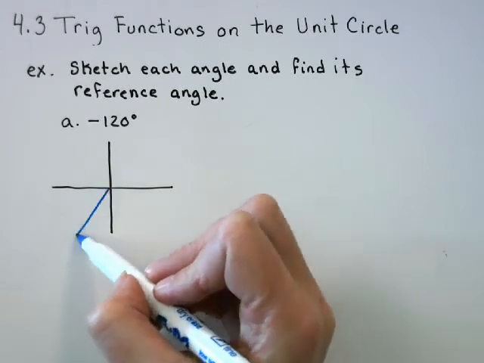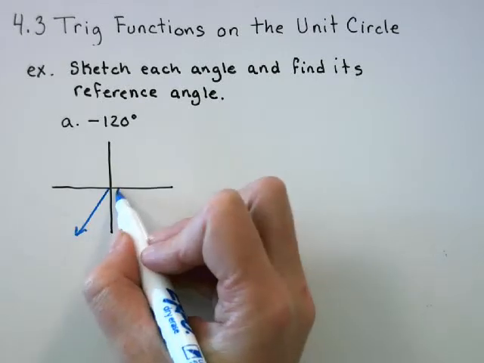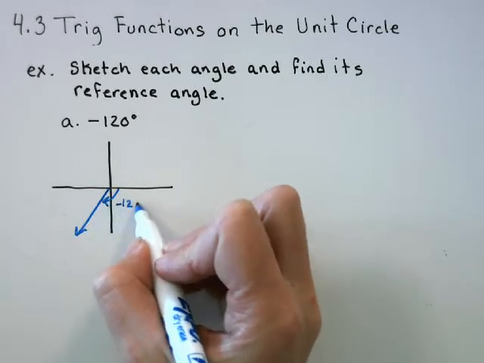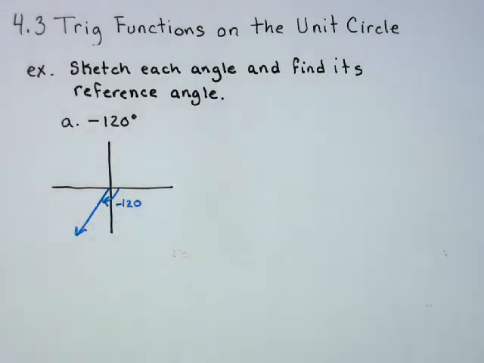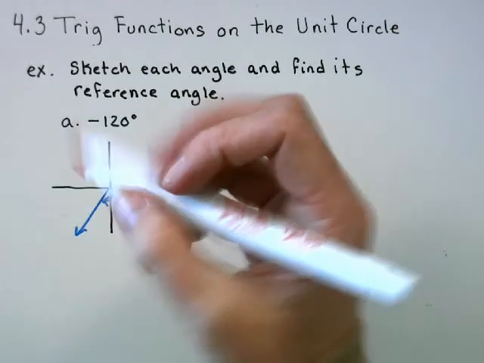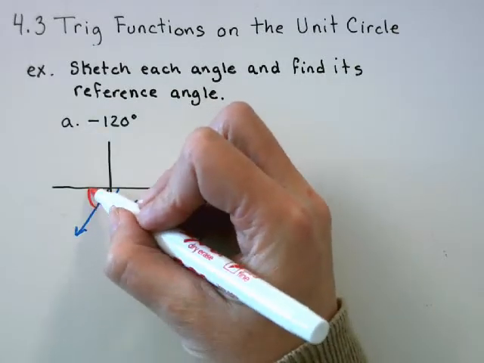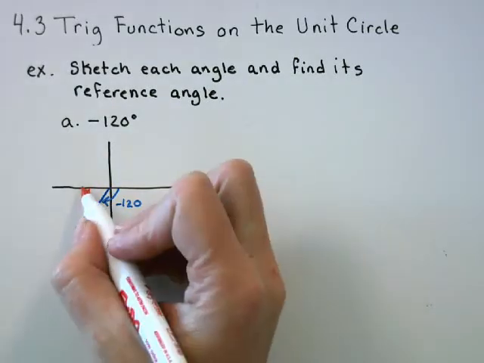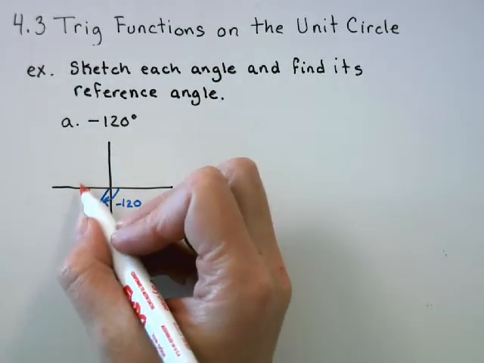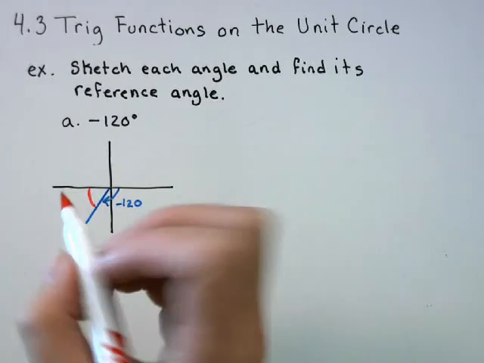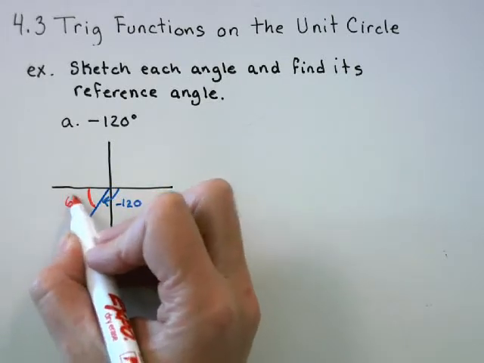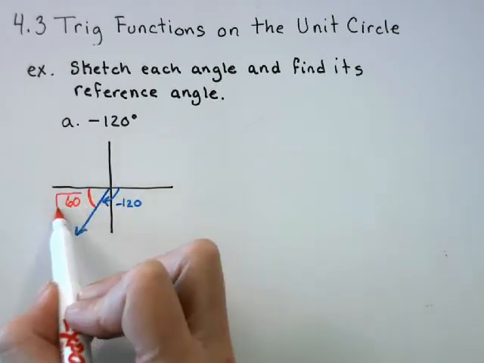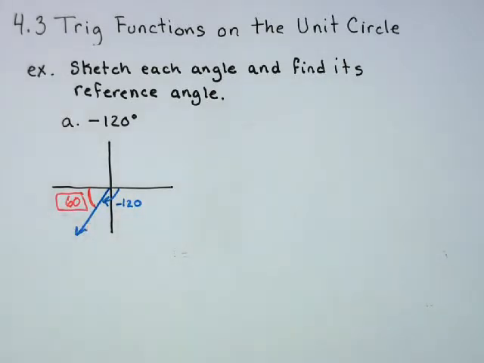So negative 120 is going to be about here. The reference angle is going to be the angle formed here. It's always going to be a positive value, so even though this is negative, I want to know physically what this angle here is going to be. Well, if this is 120, that means this angle is 60, and that's going to be my reference angle.